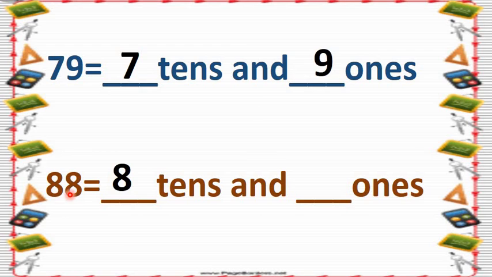We have another 8 as our number is 88. So we have to write this 8 on the place of ones. We can separate this as 8 tens and 8 ones. 88 is equal to 8 tens and 8 ones.